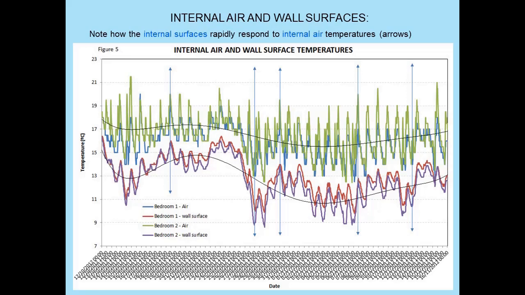The bottom two lines are the wall surfaces. And one can see the arrows mark this. As the air temperature goes up, so does the wall surface. As the air temperature goes down, the wall surfaces go down. It's pretty rapid, this relationship between internal air temperature and the wall temperature.